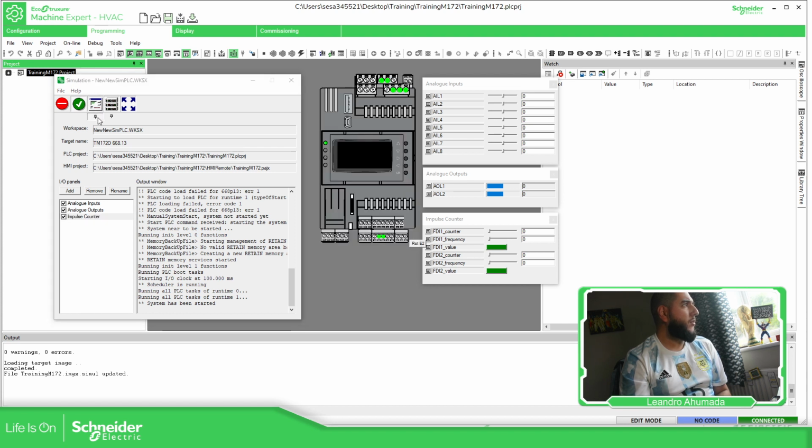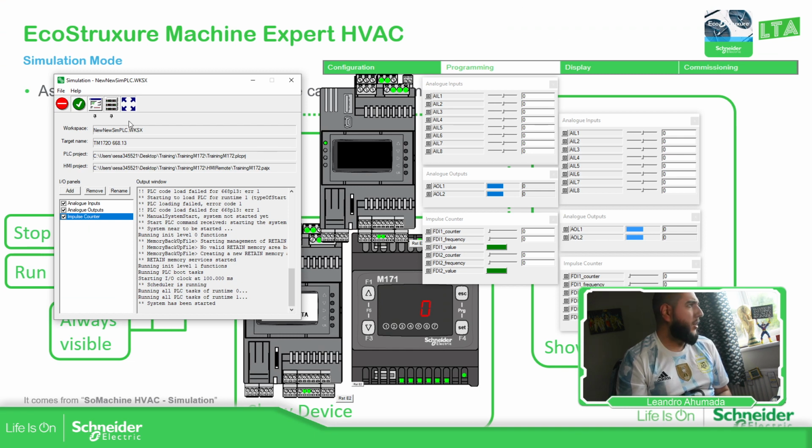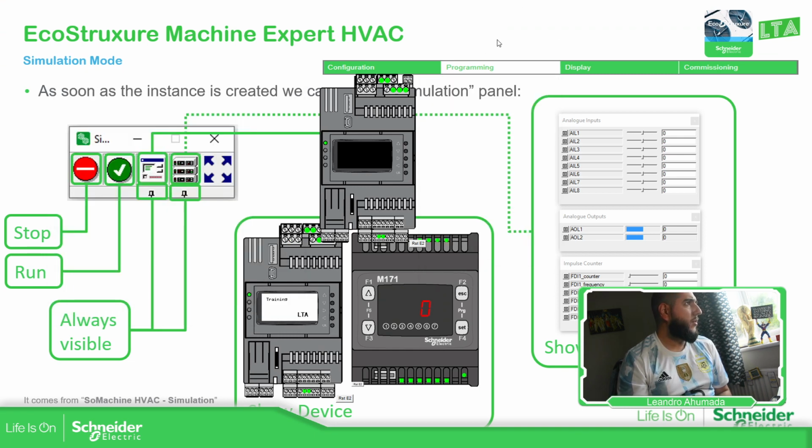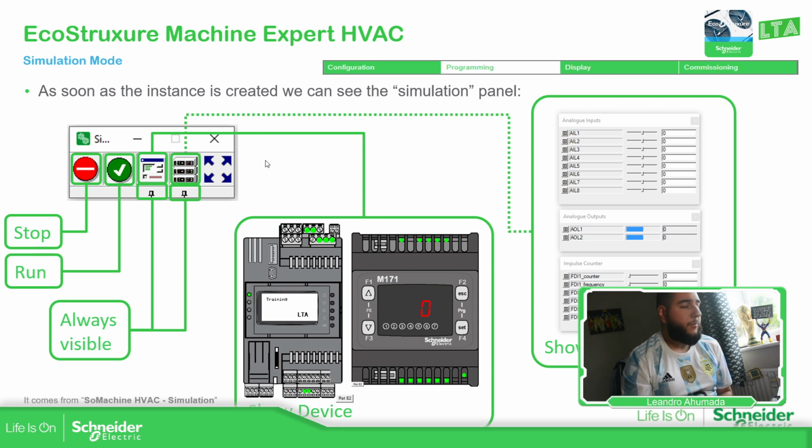If we close this and go to the presentation, you can see that the elements are hidden again. But if we open that and pin it, it stays in front of the screen. It's handy, and the same can be applied for the IO panel. So let's go back to the presentation and see what we have.